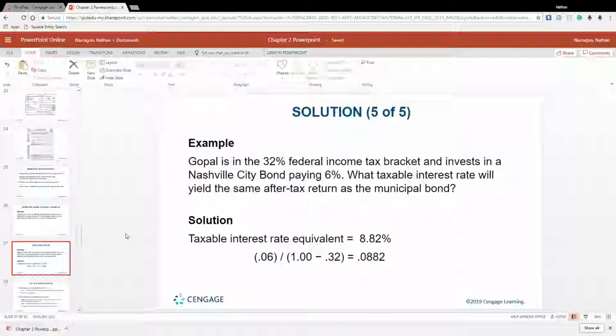Looking at this, we convert everything to decimals, which helps out a little bit better: 0.06 divided by 1.00 minus 0.32. If we divide those two, it is 0.0882. Move your decimal to the right 2 places, and we get 8.82%. The taxable interest rate is not too tough. Okay.